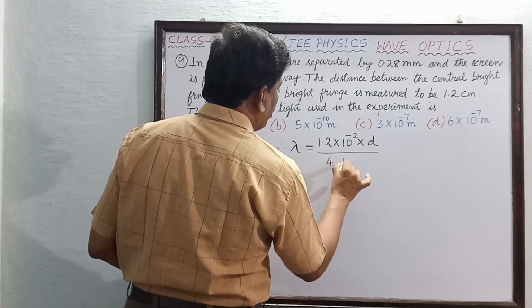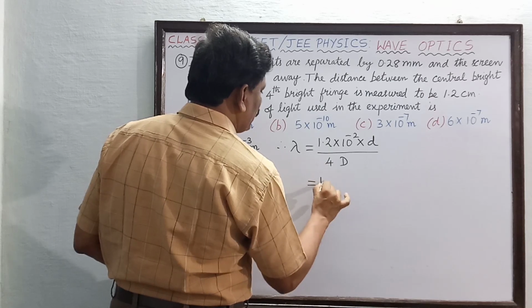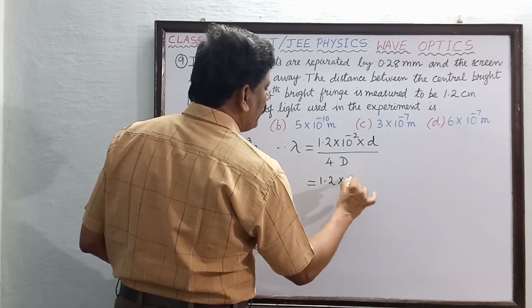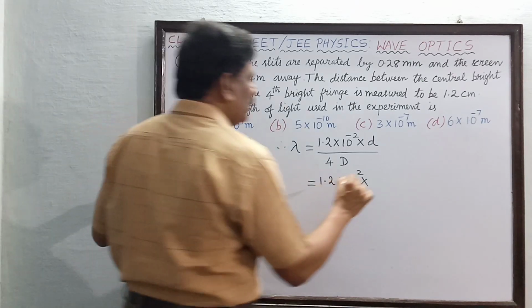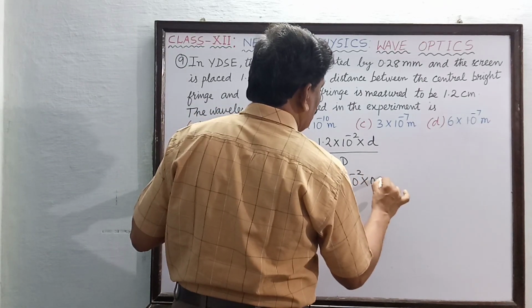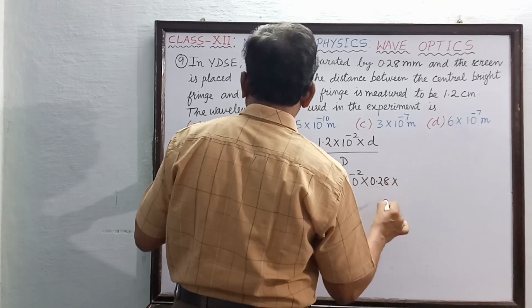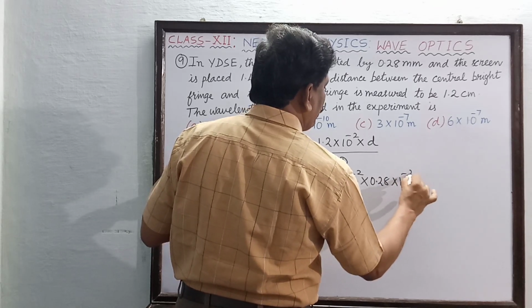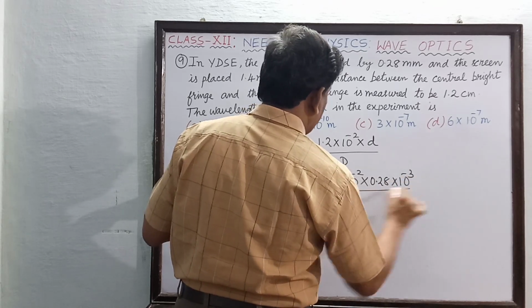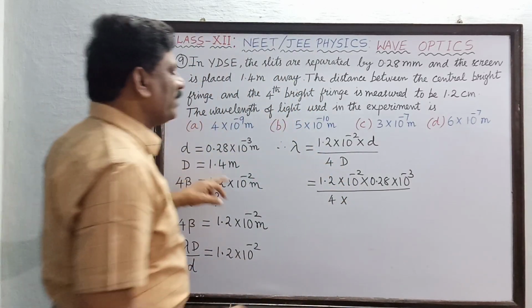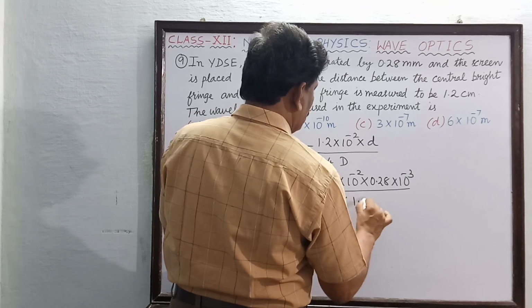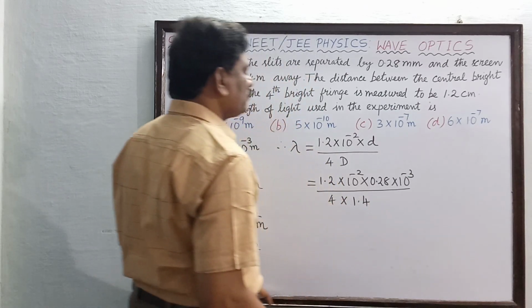So this is equal to 1.2 into 10 power minus 2 into small d, which is 0.28 into 10 power minus 3, whole divided by 4 into capital D, which is 1.4.